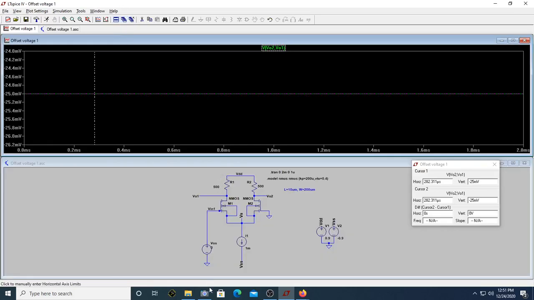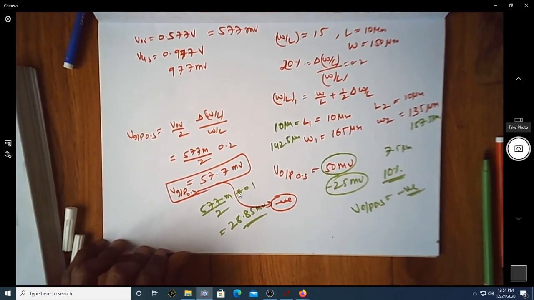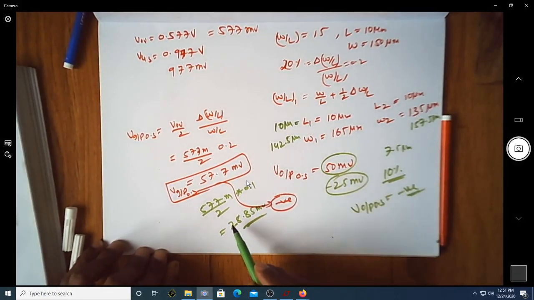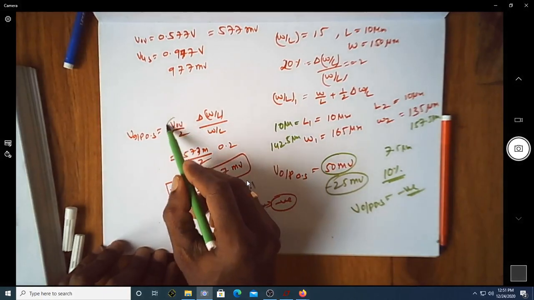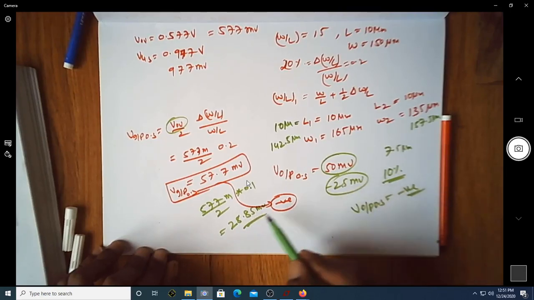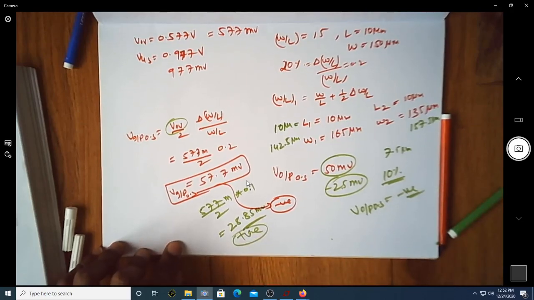I'll go back here, let me show you the calculation. You can see this is no more 20%, this is only 10%. That's why it is 0.1. And of course it is 577 because there is no change in VOV. VOV remains the same. And of course, this is 28.85. Because the error is negative, you may have to apply a positive input offset voltage.